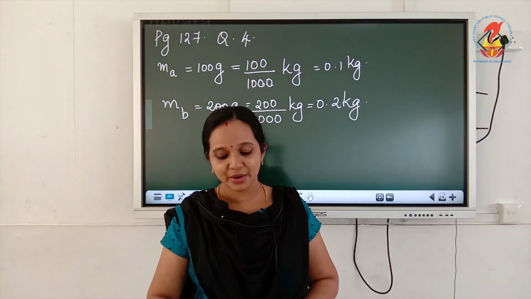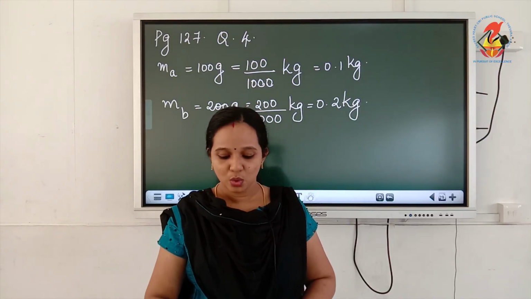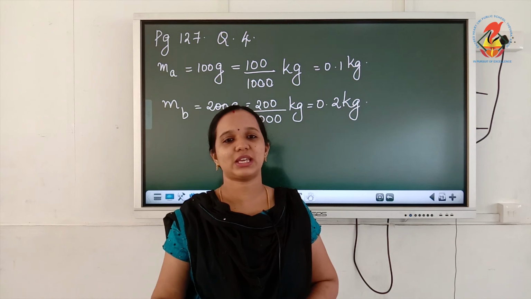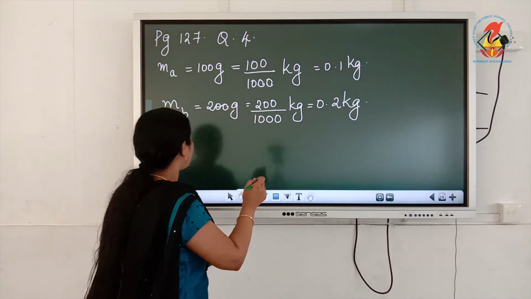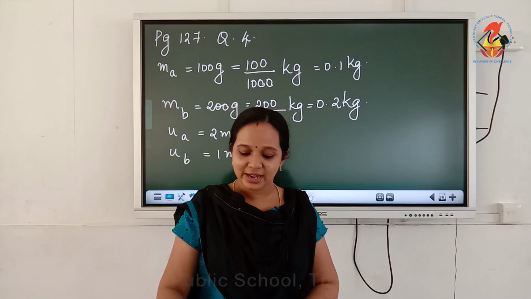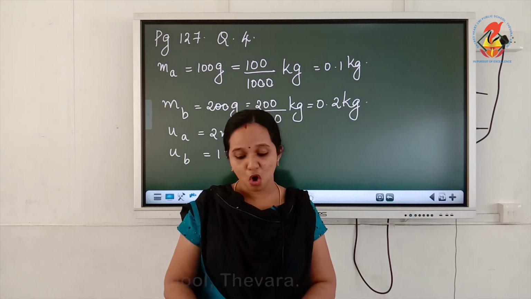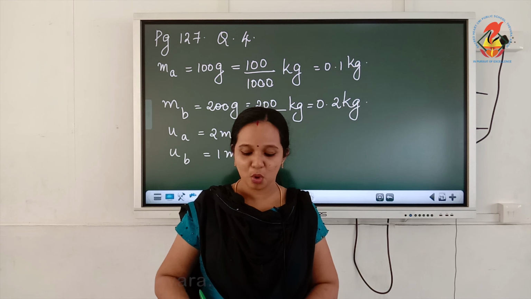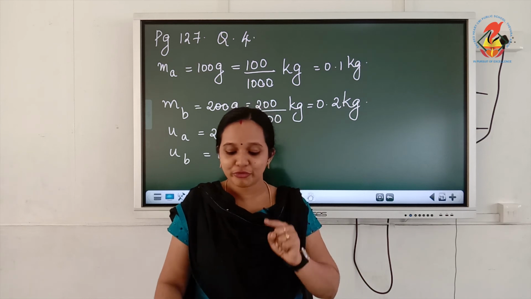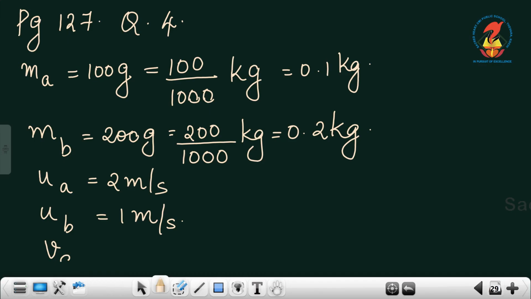Two objects of mass 100 gram and 200 gram are moving along the same line and direction with velocities 2 meter per second and 1 meter per second. They collide, and after collision, the first object moves at a velocity of 1.67 meter per second.